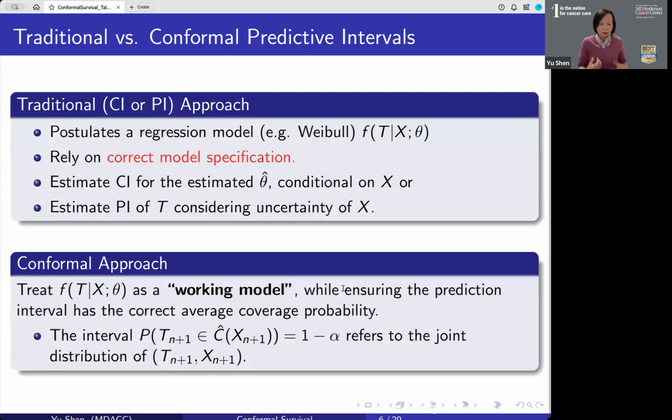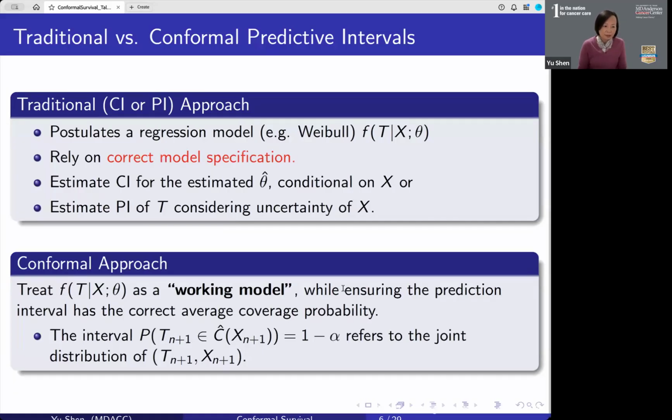So we all are very familiar with confidence interval. So why do we need a conformal predictor interval? Here is a brief description of some of the differences.